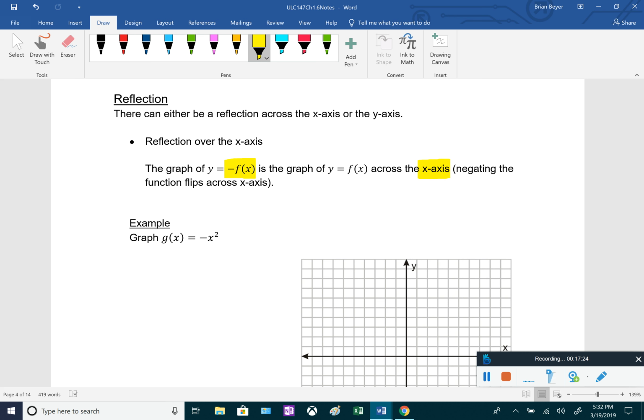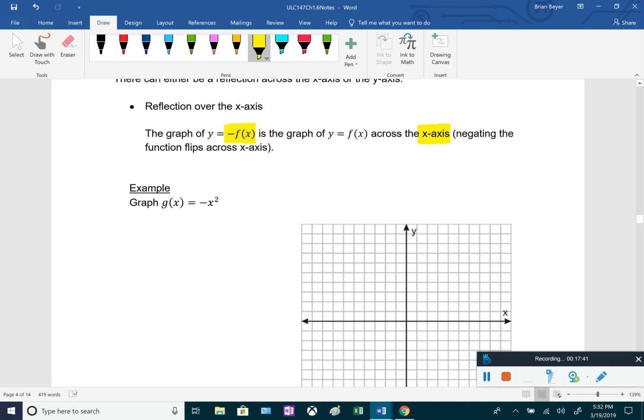Because if we're negating the y values, it's going to move across the x-axis. So negate the y values, reflect across the x-axis.